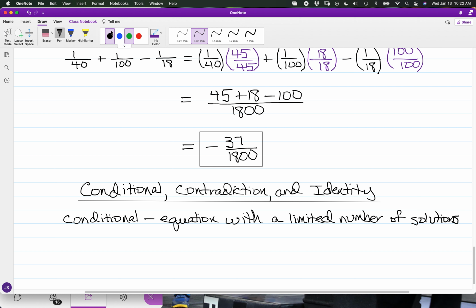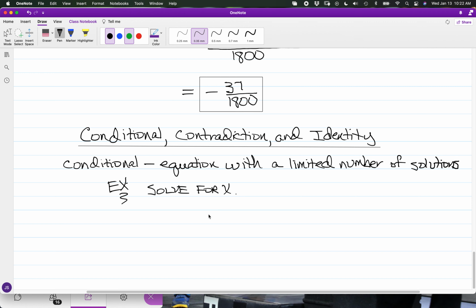And just as a quick example, if you're looking at solving for x, and we'll say that we have here 2x plus 5 is equal to 17.